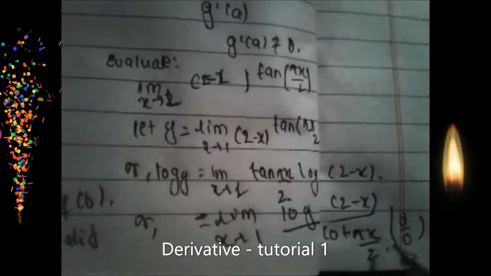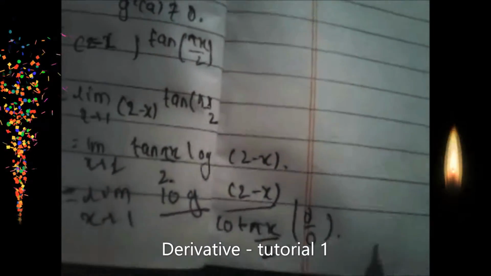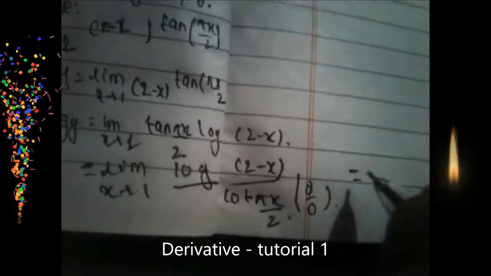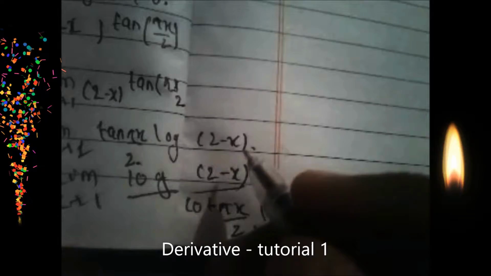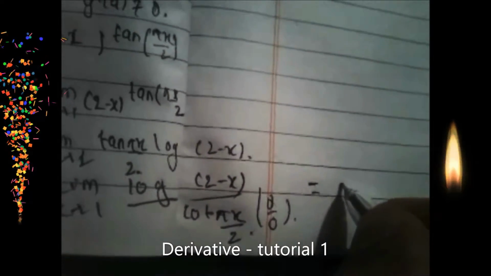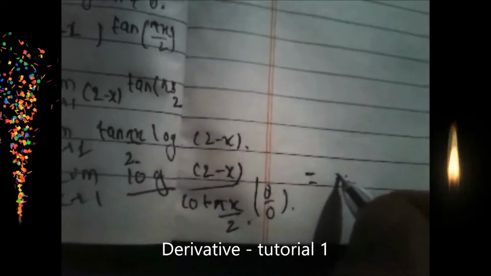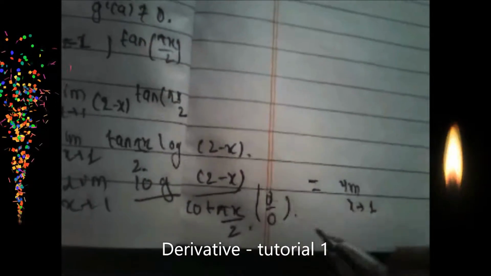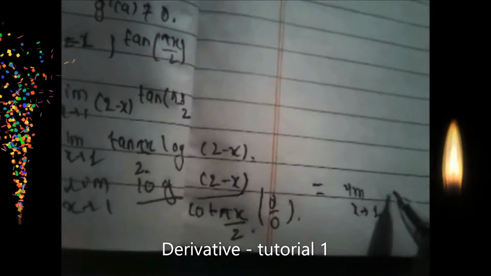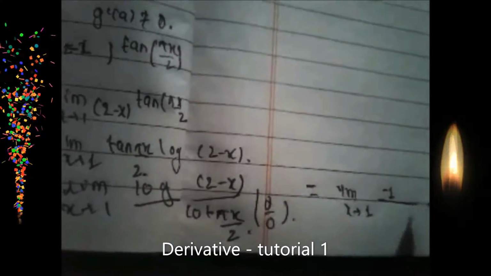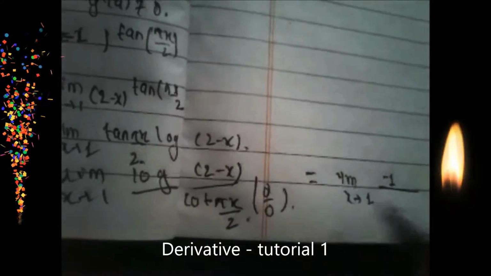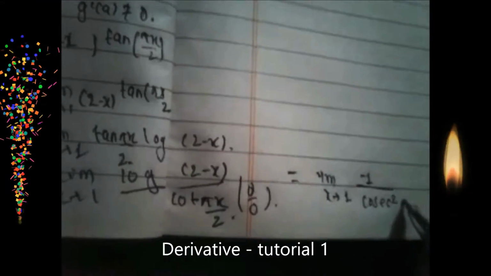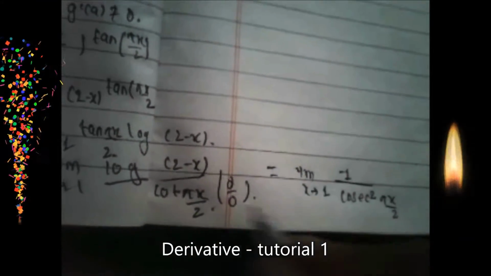Now what we can do is simply take the derivative of the upside and the downside. Derivative of log(2 minus x) is limit x tends to 1 of minus 1 upon the derivative of cot x, which is minus cosec square x, so cosec square of pi x by 2.